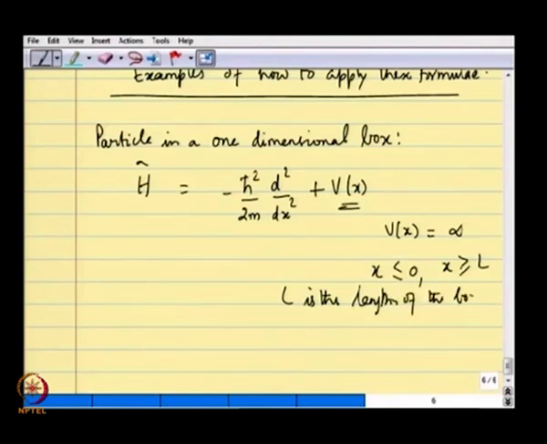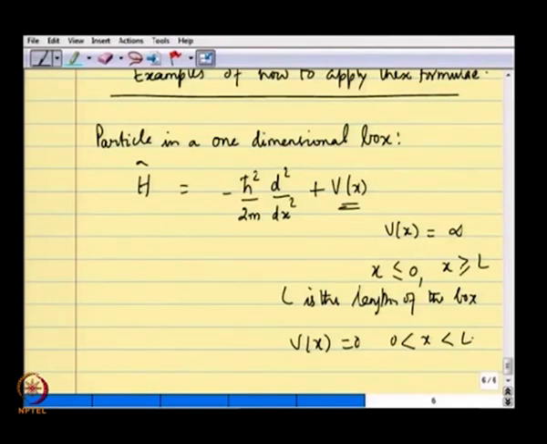And v of x is 0 if x is between 0 and L, that is, 0 less than x less than L.